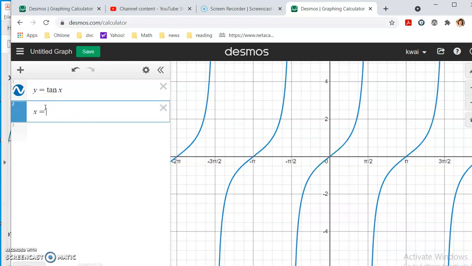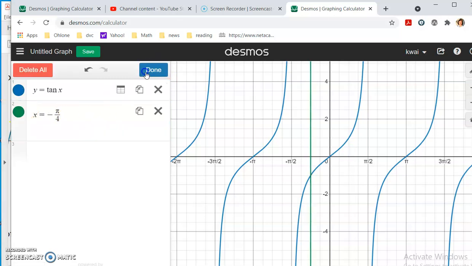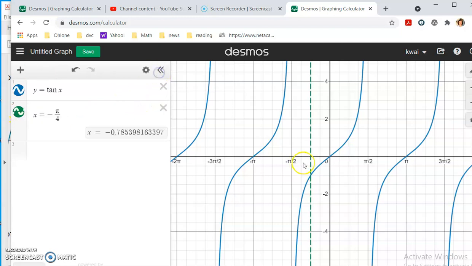So let's say x equals negative pi over 4. If I change this to dotted, you can see that this meets the graph at negative pi over 4, negative 1.